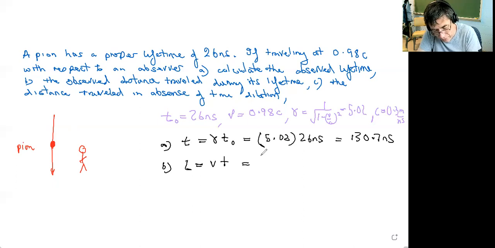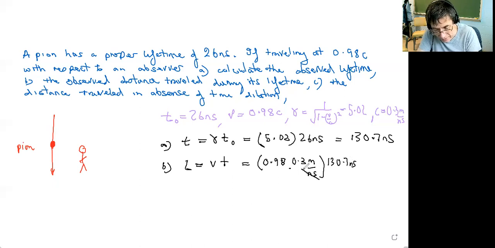And so to do that, I'm going to take 0.98, that's the 98% of the speed of light, times the speed of light. I'm not going to write it as 3 times 10 to the 8 meters per second. I'm going to write it as 0.3 meters per nanosecond. And then I'm just going to multiply this quantity here by the 130.7 nanoseconds.